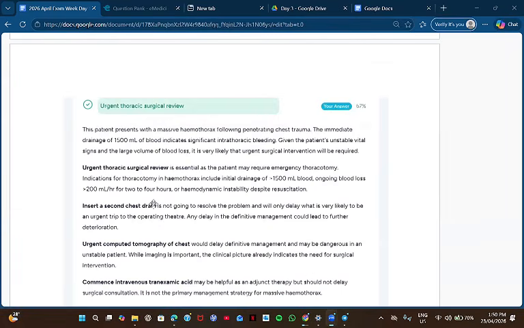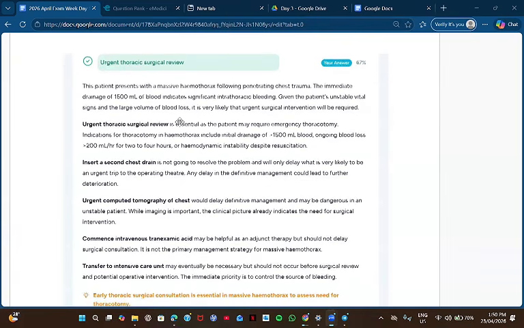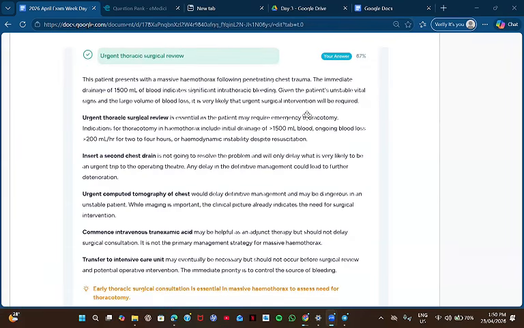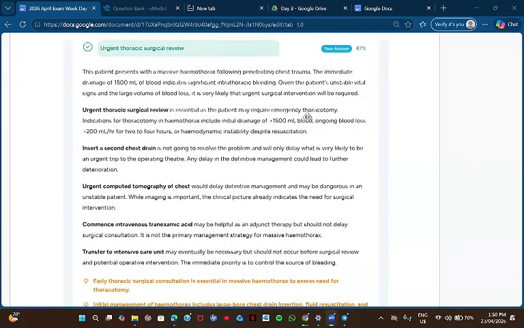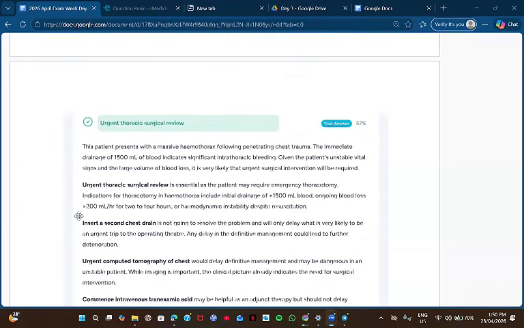Here, the patient presents with massive hemothorax following penetrating chest trauma. The immediate drainage of 1.5 liters of blood indicates significant intrathoracic bleeding, and given the patient's unstable vital signs and the large volume of blood loss, it is very likely that urgent surgical intervention would be required. This is the theory that you should remember.